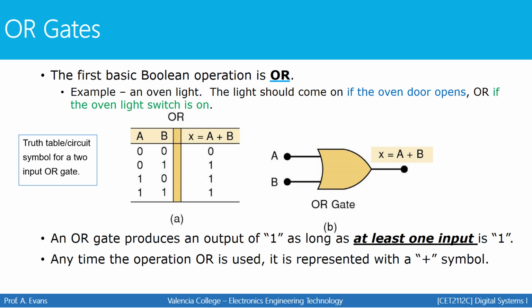We're not physically adding two quantities together. This isn't like saying 1 plus 1 equals 2. We're saying that the output X is equal to A or B. And that word OR is going to represent this idea that we see in the truth table.